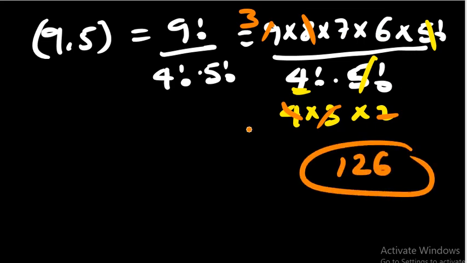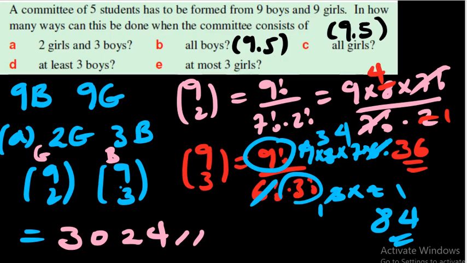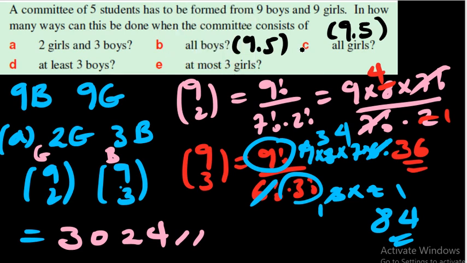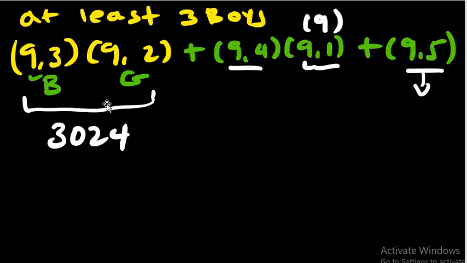Okay, that means the number of selections for B and C will be the same, 126 and 126. And we need this number on the next page, because 9 combination 4 and 9 combination 5 are the same, because 9 minus 4 is 5, or 9 minus 5 is 4.